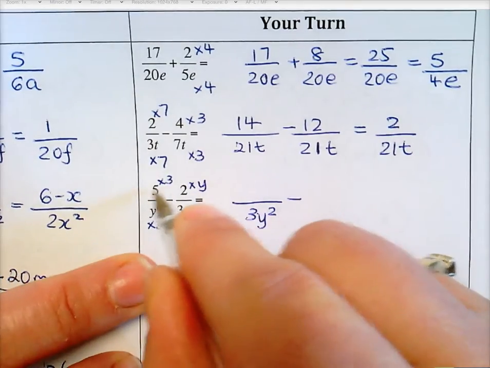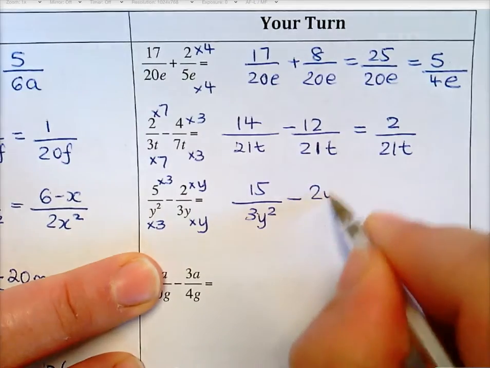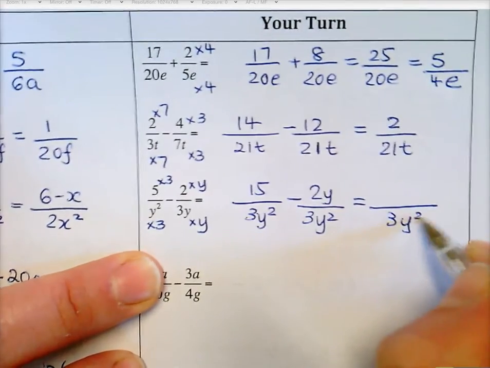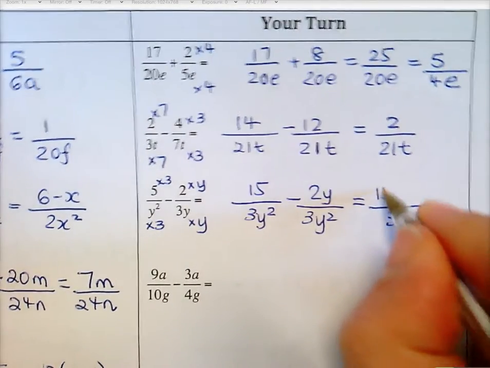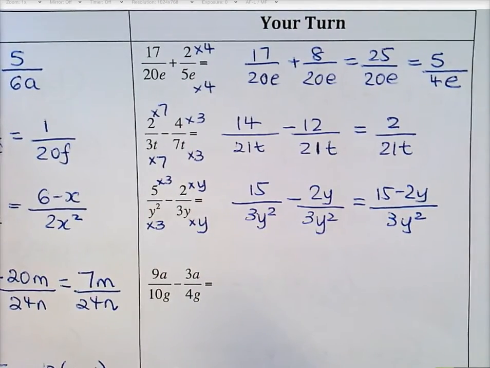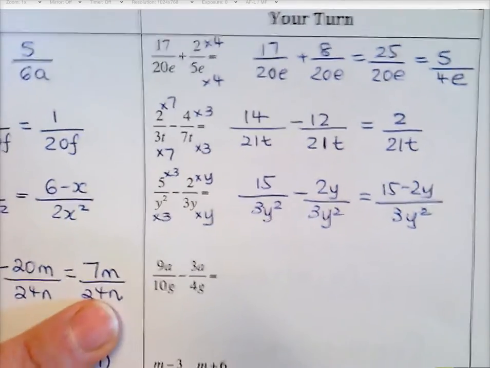So the first fraction, 5 times 3 is 15. The second fraction, 2 times y is 2y. They're both over 3y squared. Now that the denominators are the same, you will subtract. However, these are not like terms, 15 minus 2y, so you can't simplify that any further. It'll be 15 minus 2y over 3y squared.